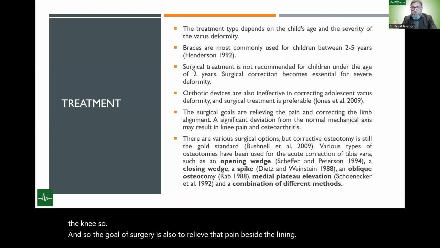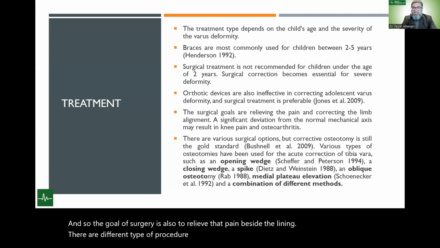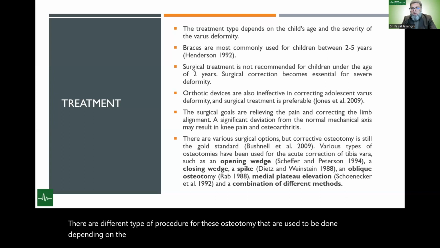There are different types of procedures for these osteotomies that are usually done depending on the level of the osteotomy, and sometimes the tibia and fibula osteotomy is not always done at the same level, maybe at a different level.